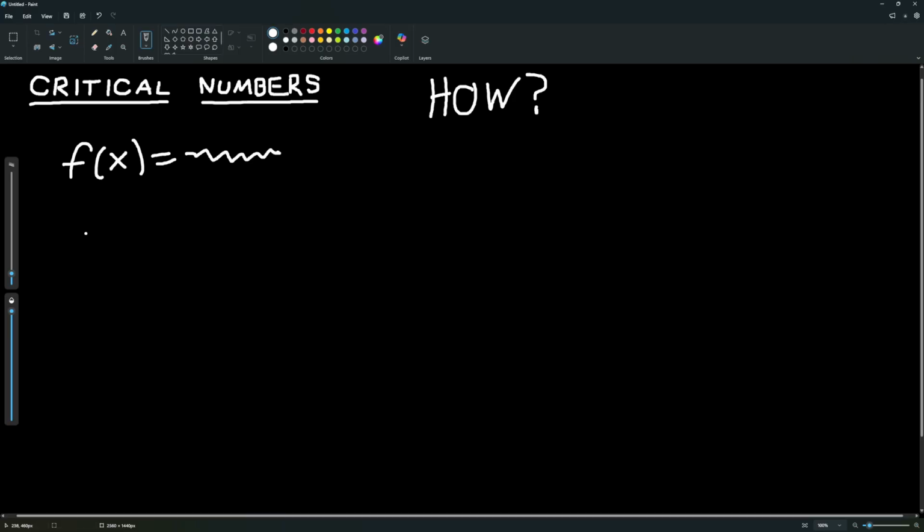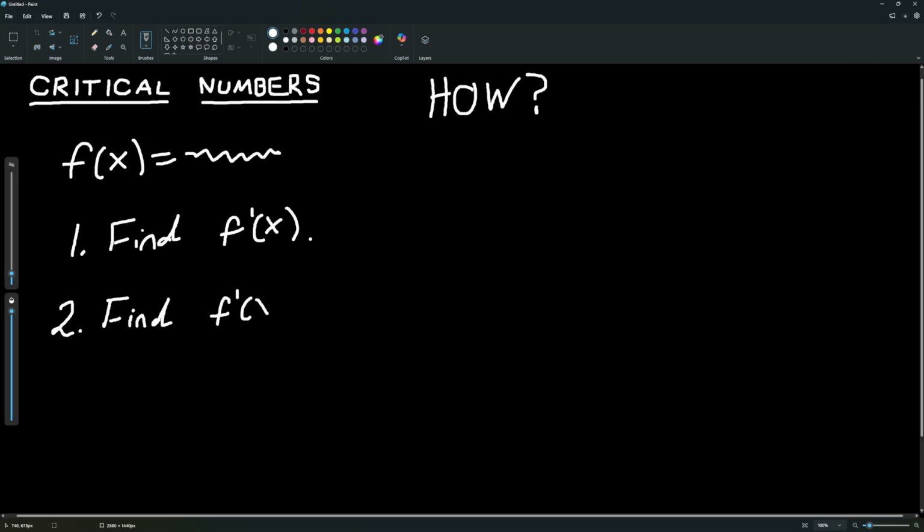The first step is finding the derivative. So you want to find f prime of x. That's the first step. The second step is finding where f prime of x equals 0.